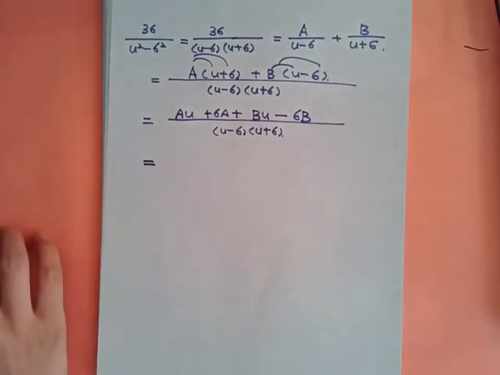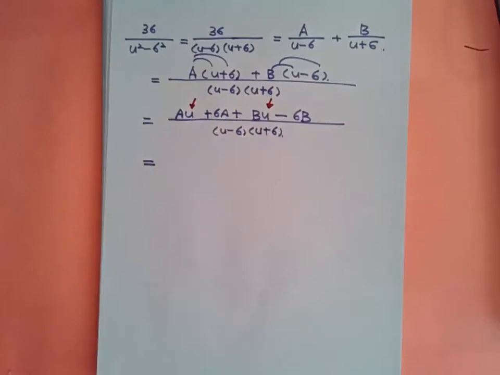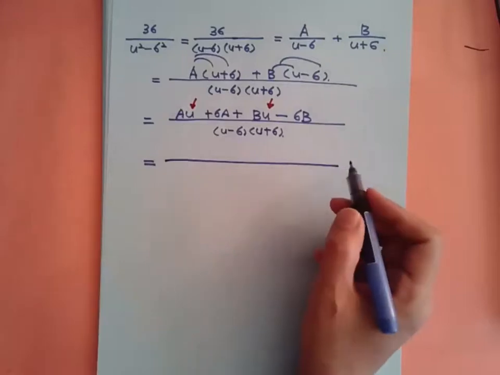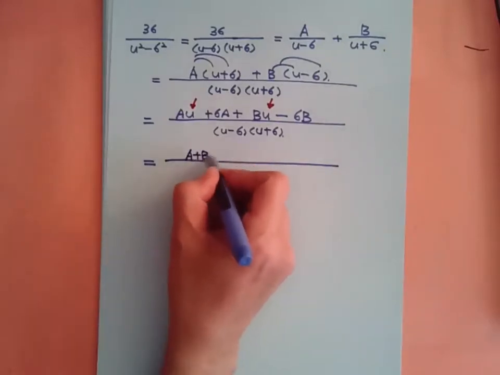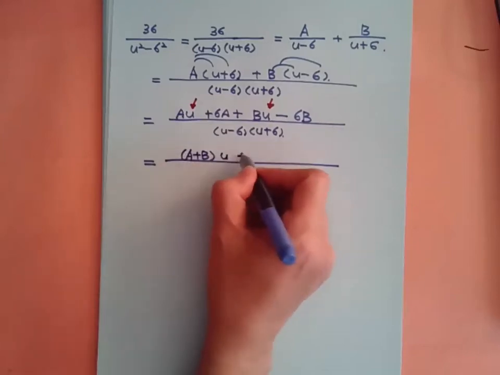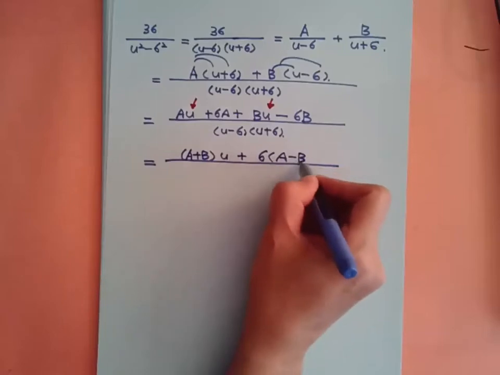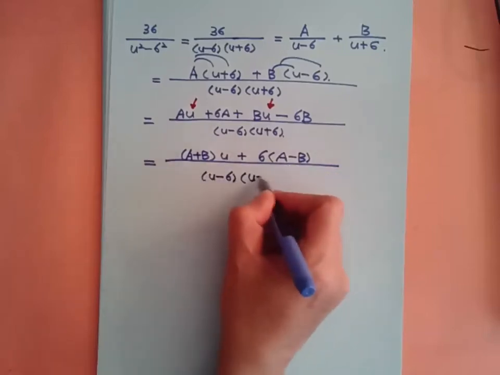And then we will gather the like terms, so u related terms and then constant terms. So it becomes A plus B times u plus 6 times A minus B, over u minus 6 times u plus 6.